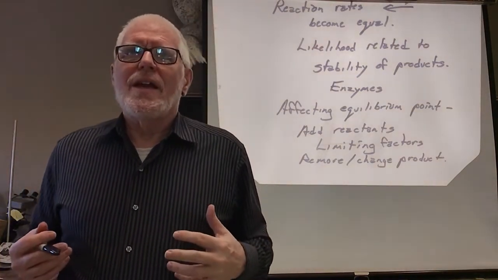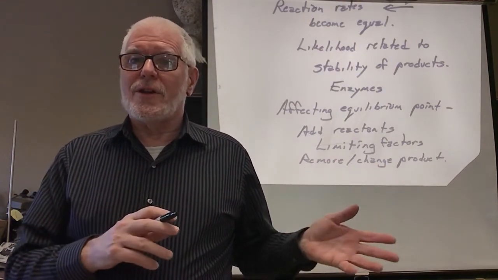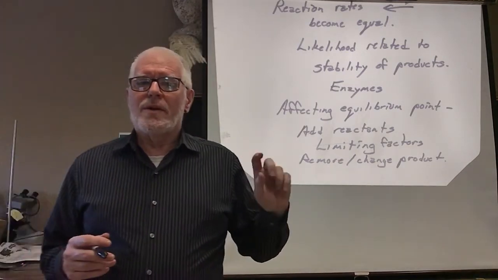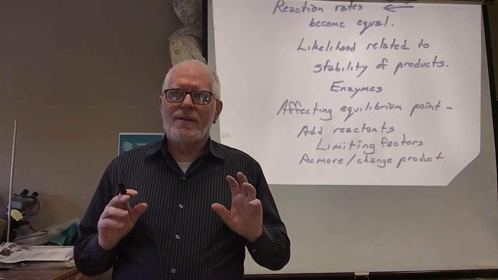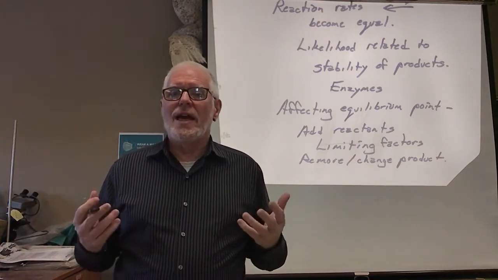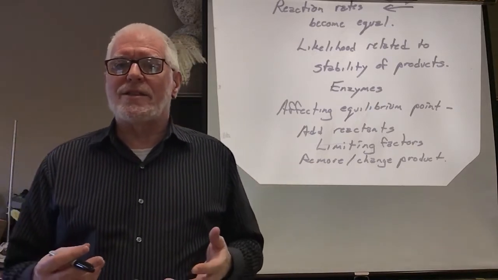But your reaction can only go as quickly in the starting direction as it has stuff to react with. And so sometimes what affects not just the equilibrium, but how the reaction runs at all is, well, how much raw material are we giving it? How many reactants do we have?